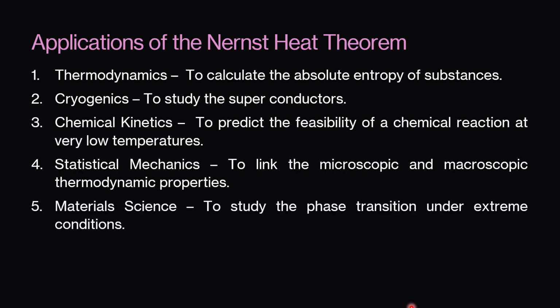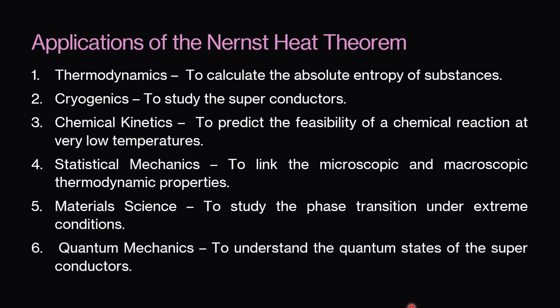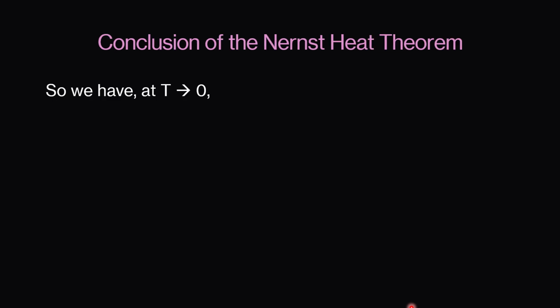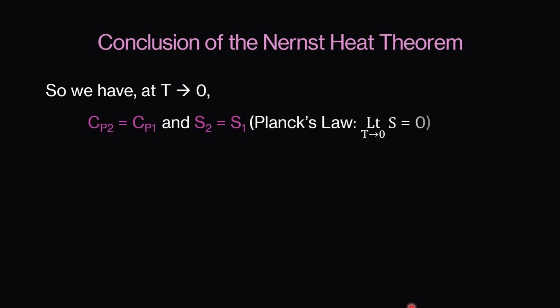Number 5, in material science, it is used to study the phase transition under extreme conditions. And number 6, in quantum mechanics also, it is used to understand the quantum states of the superconductors. So the conclusion of the Nernst theorem: at temperature T tends to 0, this one equals this one, final heat capacity equals initial heat capacity at low temperature, and final entropy equals initial entropy.